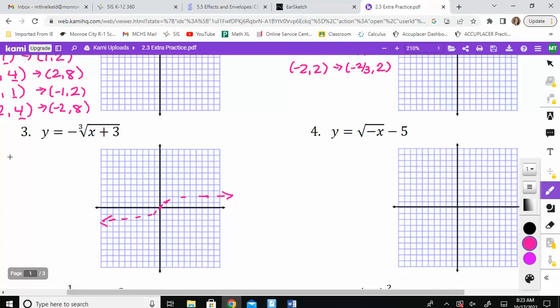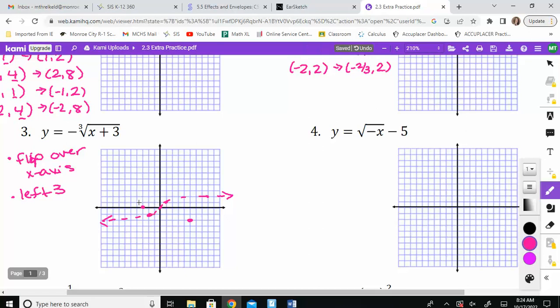Okay, so what does a negative out in front do? Over. And what's the +3 do? Okay, so 0, 0 when I flip it doesn't go anywhere, and then left 3. 1, 1 when I flip it goes down here, left 3. 8, 2 would go to 8, -2, left 3.